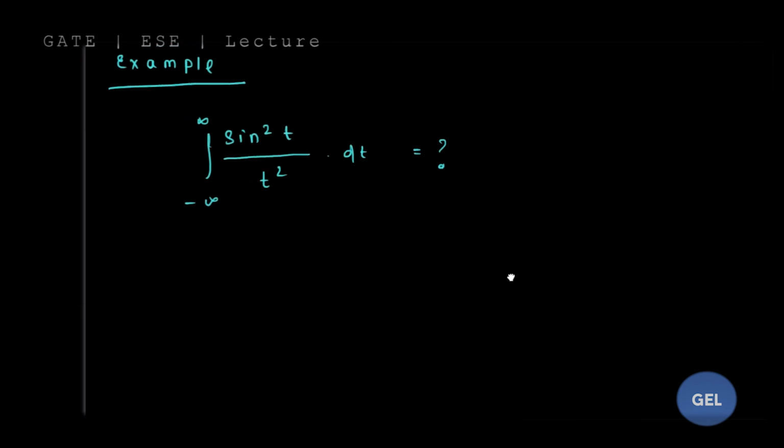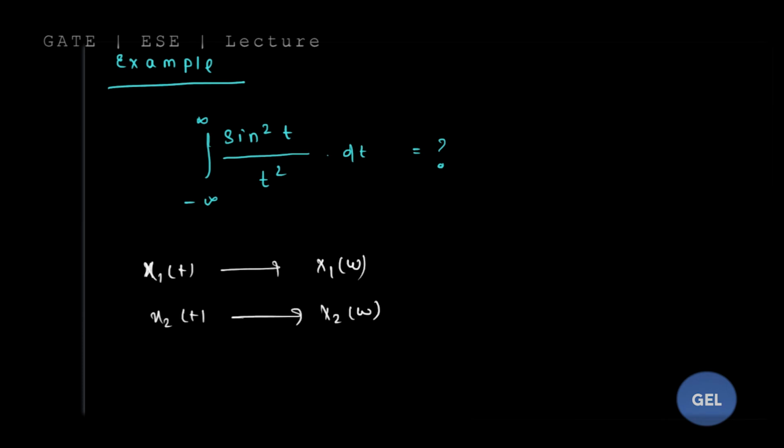Now let's move on to the next question, the integration of sinc square t dt. It's as simple as the previous question. So here you need to write x1(t), whose Fourier transform is X1(ω), and x2(t), whose Fourier transform is X2(ω), where x2(t) is given, that is sinc square t.